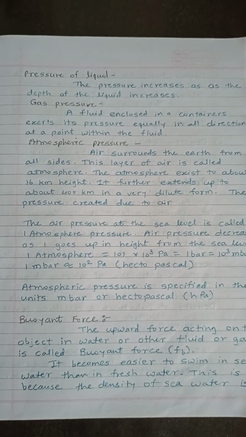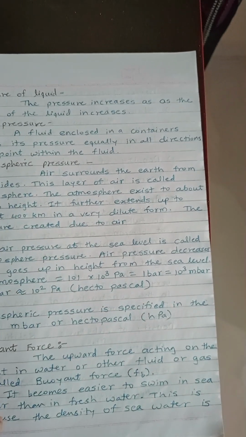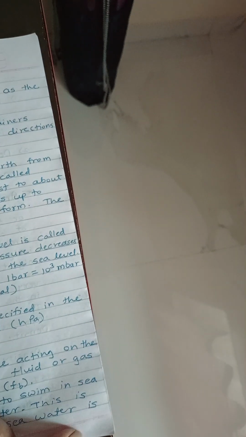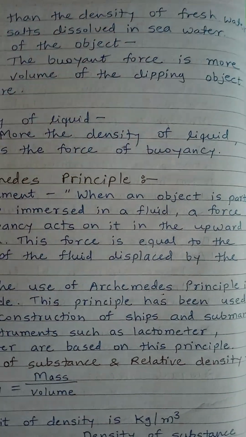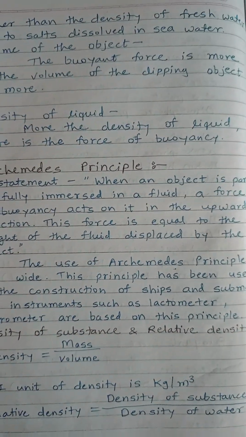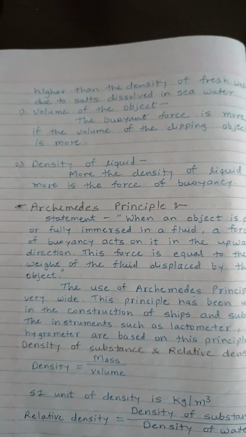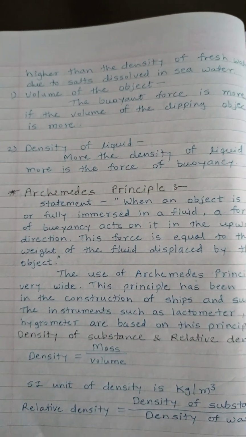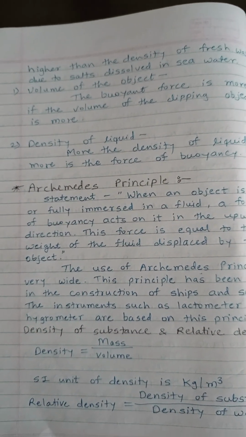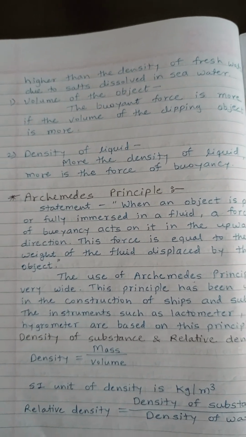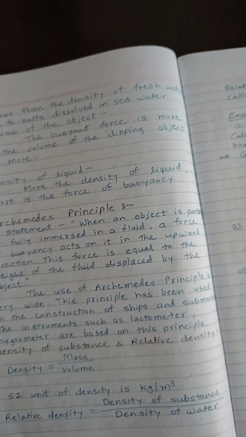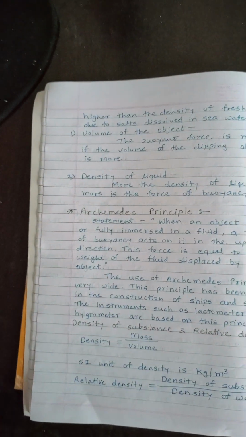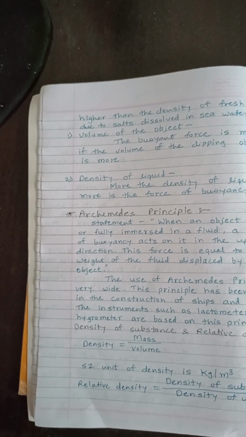This is because the density of sea water is higher than the density of fresh water due to salts dissolved in seawater. Volume of the object: the buoyant force is more if the volume of the dipping object is more. Density of liquid: more the density of liquid, more is the force of buoyancy.